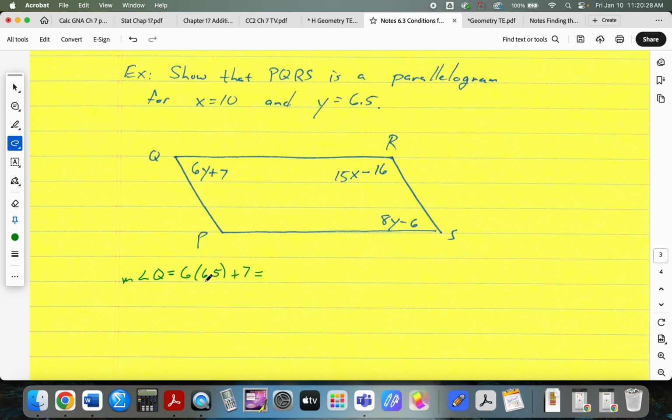Let's see, that'll be 36 plus half of 6 is 3, so that's 39 plus 7 is 46 degrees. The measure of angle R will be 15 times 10 minus 16. Let's see, that's 134.